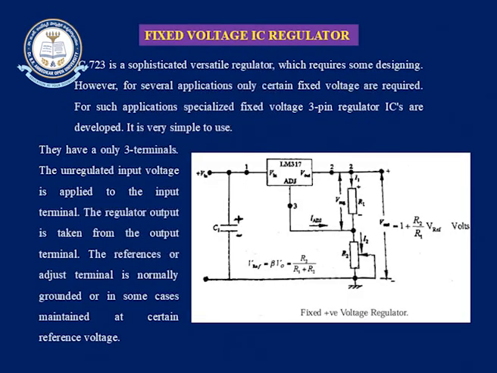So, next is the fixed voltage IC regulator. So, fixed voltage IC regulator. So, here IC 723 and LM 317 are there. So, here IC 723 is a sophisticated versatile regulator. So, the unregulated voltage becomes a regulated voltage.